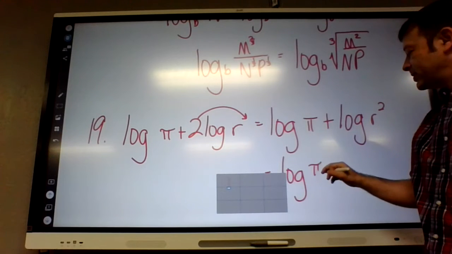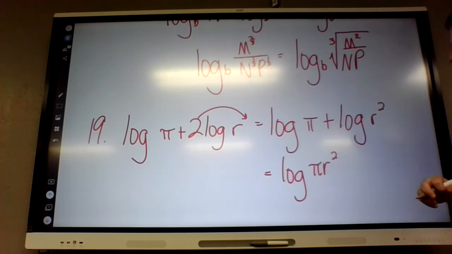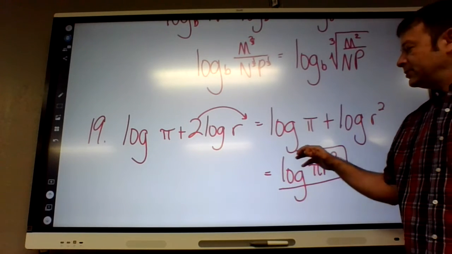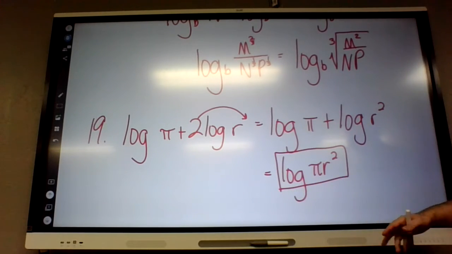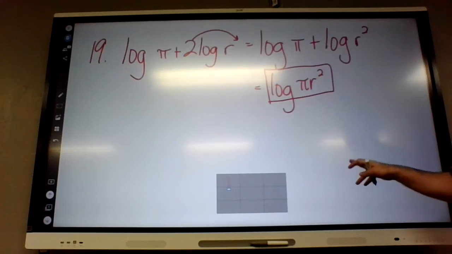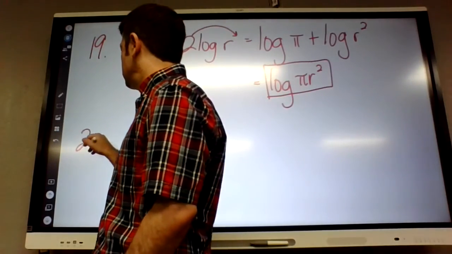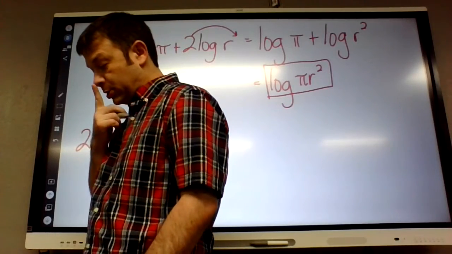So it's log of pi r squared. You guys know what pi r squared is? Area of a circle, yeah. Circle area. What does that have to do with log? Nothing, as far as I can tell. Number 21.